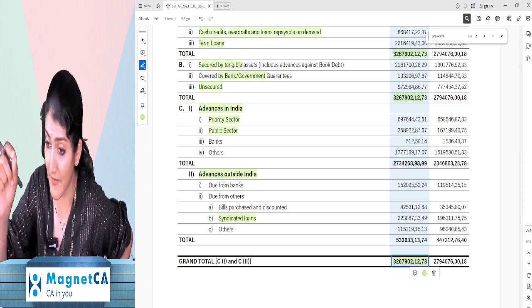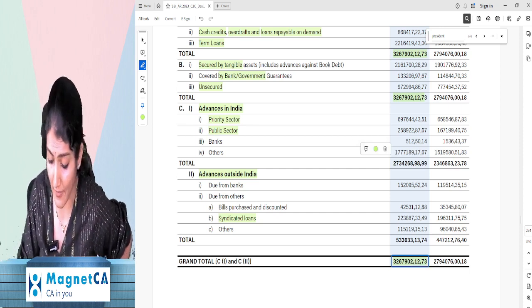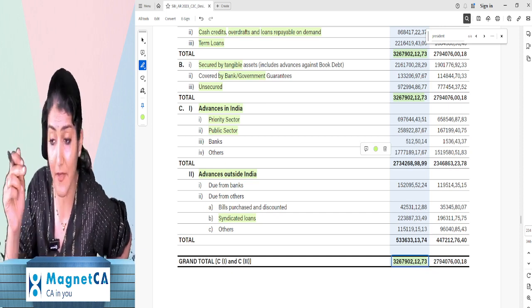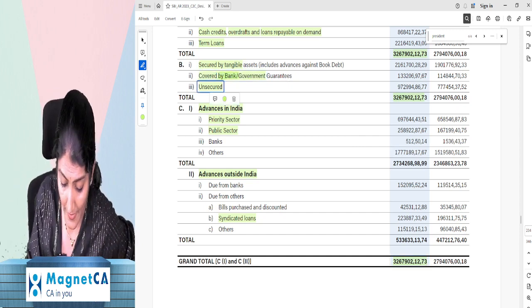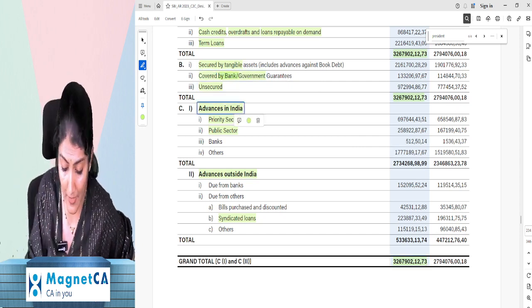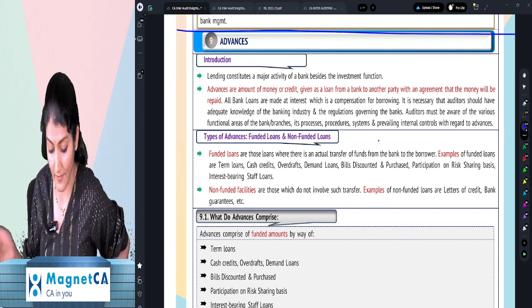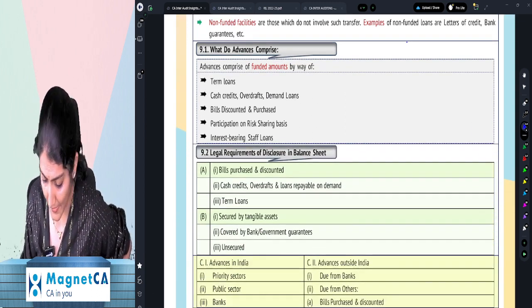One breakup is BCT: bills purchased and discounted, then cash credit, overdraft, loans repayable on demand, and term loan. Second breakup is SCU: secured by tangible assets, covered by bank government guarantee, and unsecured. And third breakup is advances in India and the advances outside India. So what does it say? What do the advances of the bank comprise of?